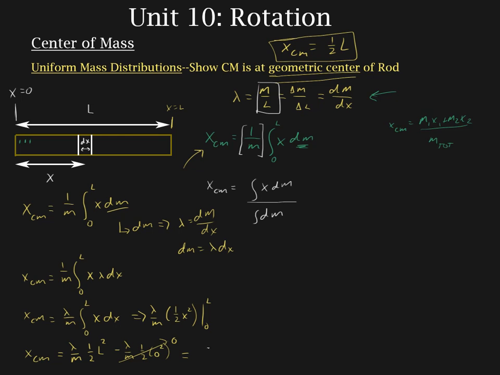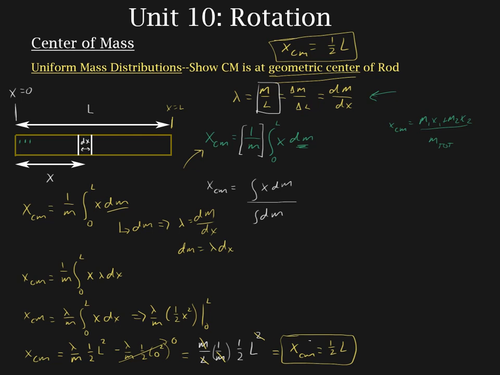So we can write lambda as m over L, and then we just have this times the 1 over m times 1/2 L squared. And so now one of our L's cancels with this L, this m cancels with that m, and we're just left with x_cm is equal to 1/2 L, which is exactly what we expected.